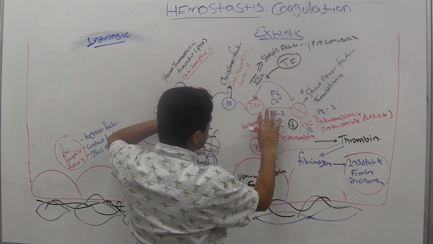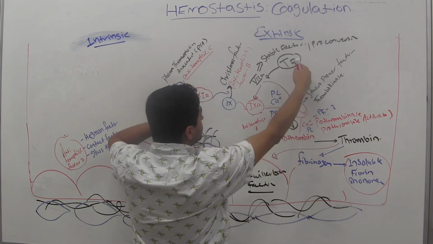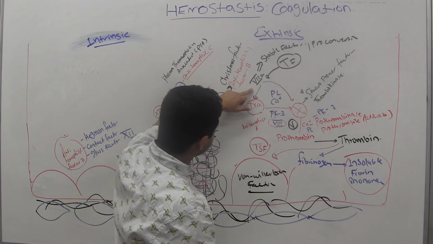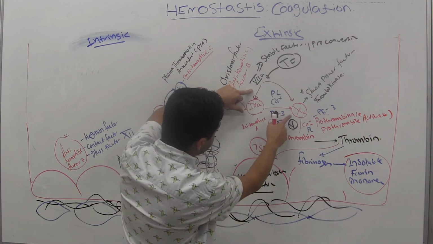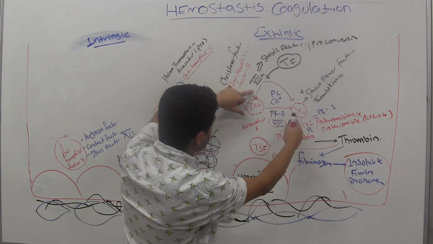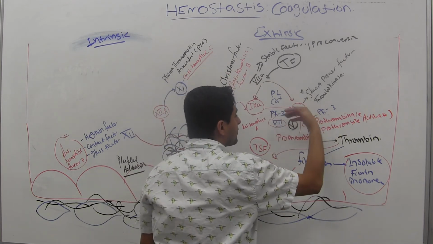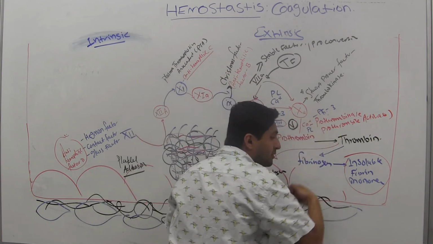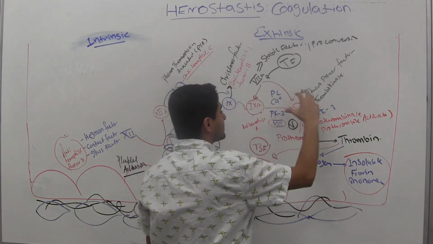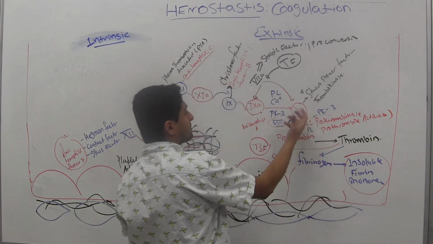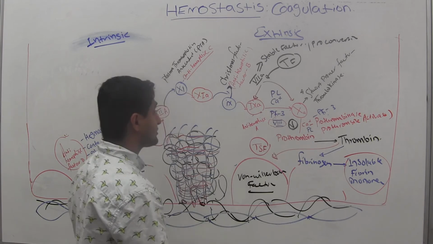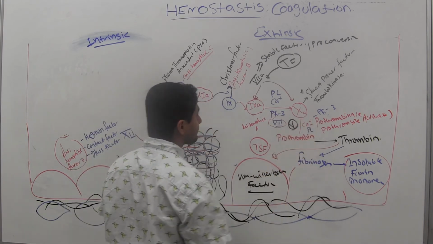From factor 7 it can stimulate the activation of factor 9 and factor 10, and from there it becomes the common pathway. Both the intrinsic and extrinsic pathways share the common pathway from factor 9, or you could even say factor 10.